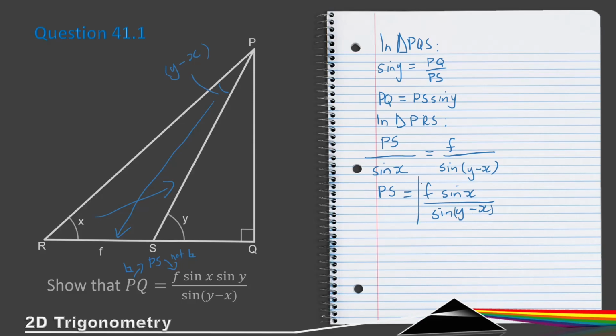Okay, so that's our link, and we can then just put it in there. So PQ is equal to f sine of x over sine of y minus x, multiplied by sine of y. Then we immediately have the correct answer.